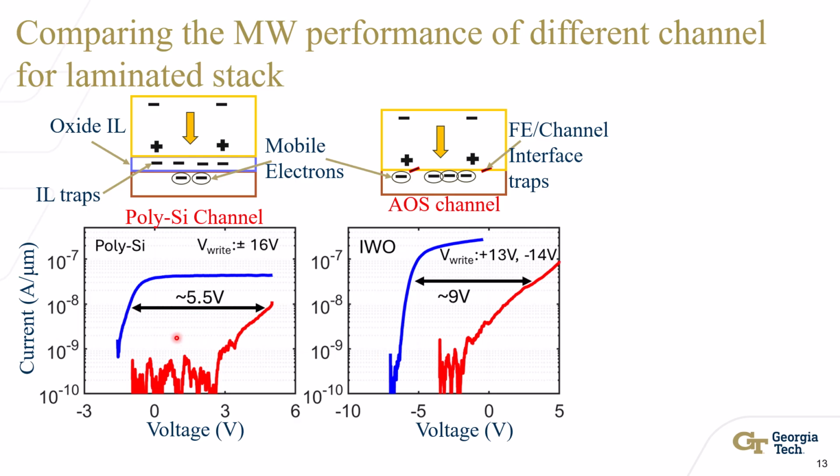In case of a polysilicon channel, my program VTH is approximately -1 to -1.5. However, in case of my IWO channel, my program VTH is approximately -6.